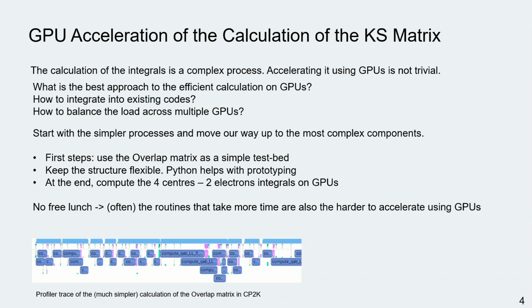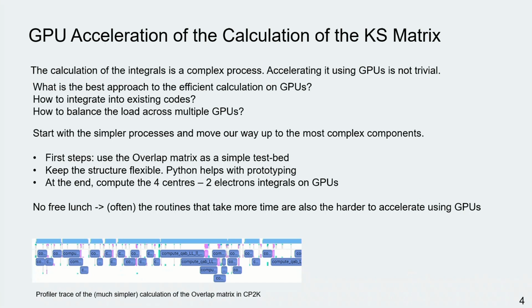And then of course, we want to work on large systems, so we need to think about parallelizing our problem across multiple GPUs. So we started with the simplest possible process, and then moved our way up. We start with the calculation of the much simpler overlap matrix, which is just a product of 2 basis functions instead of 4.